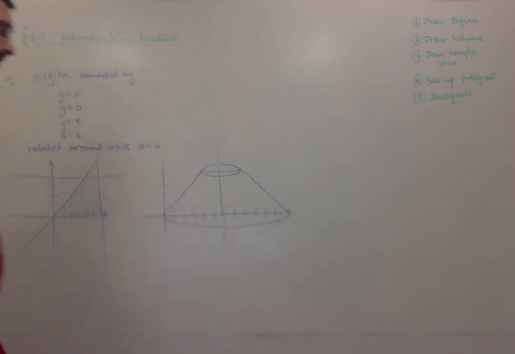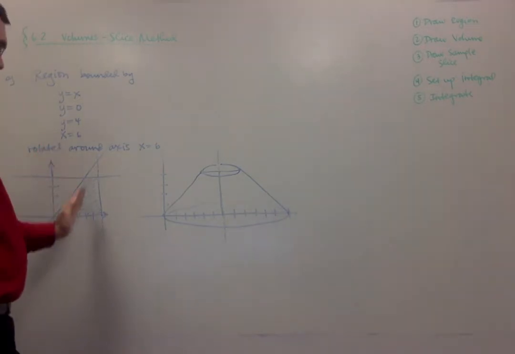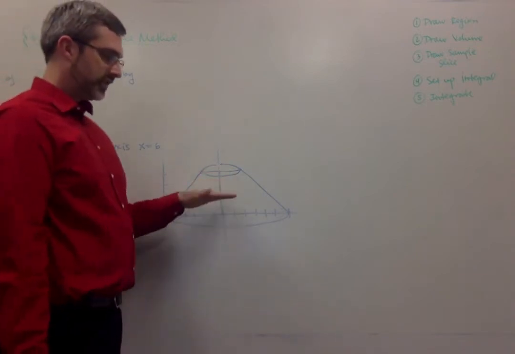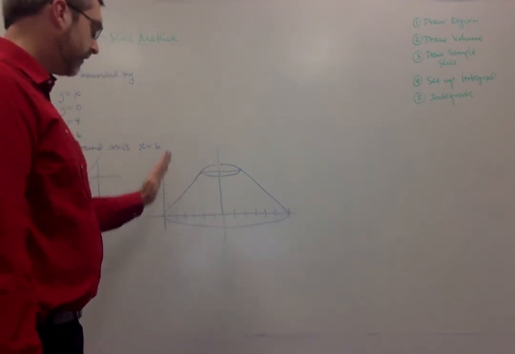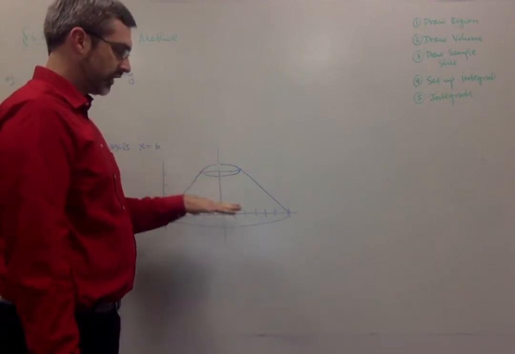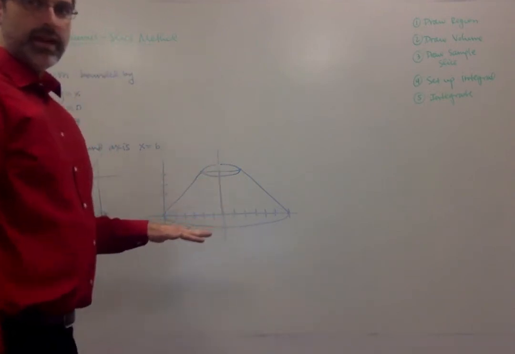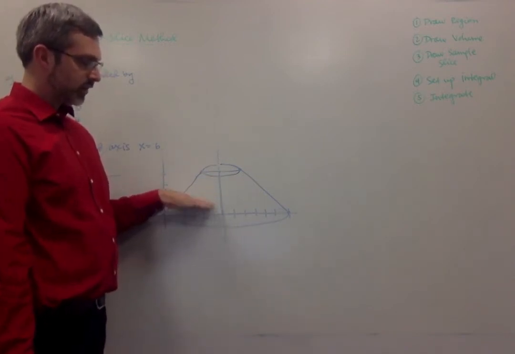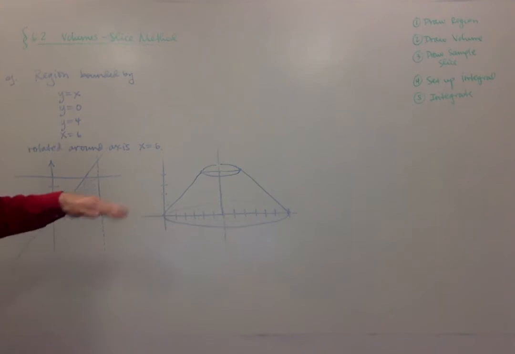Okay? And the question you need to ask yourself in order to figure out, should we slice vertically, should we slice horizontally, is if you were to take this and slice it in a meat slicer, if you slice it this way, will all the things look the same? Or if you slice it this way, will they all look the same? And in this case, what you want to do is slice it this way, and if you slice it this way, they would all look like what? Let's try that here.